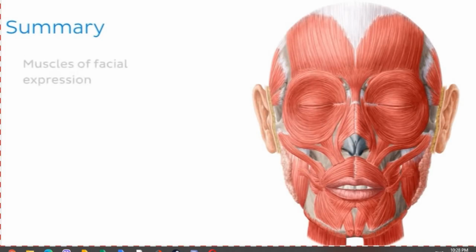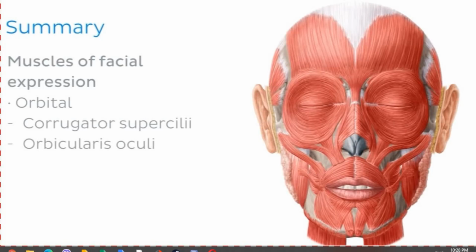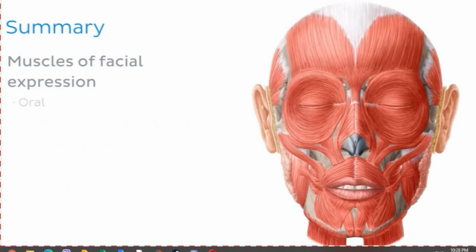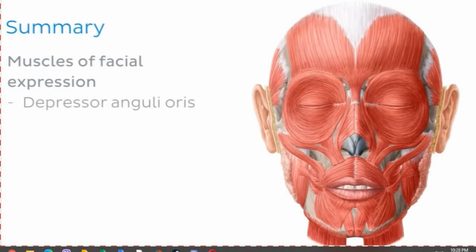While within the muscles of facial expression, we looked at the orbital group, which includes the corrugator supercilii and the orbicularis oculi, the nasal group, which includes the procerus and the nasalis, and the oral group, which contains the zygomaticus minor, the zygomaticus major, the buccinator, the risorius, the orbicularis oris, the depressor anguli oris, and the mentalis.